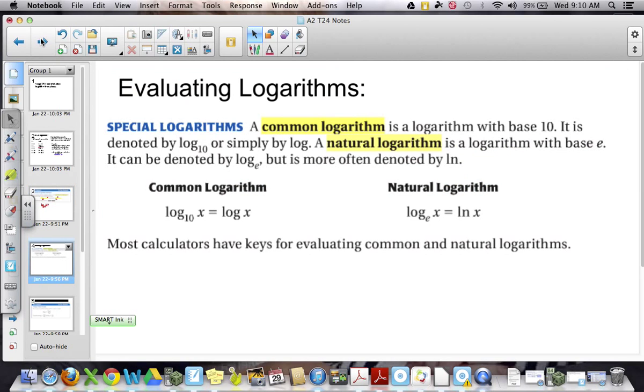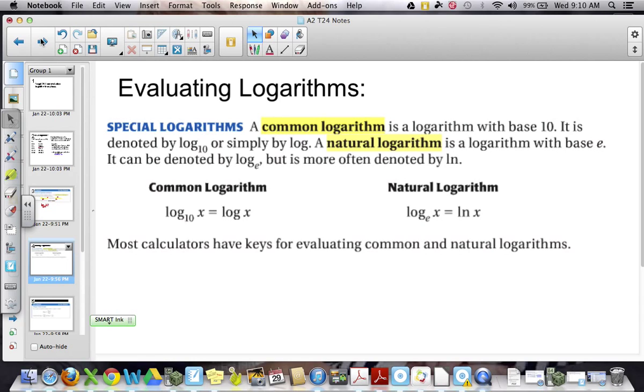All right, evaluating logarithms, there are two main types of logarithms that are really easy to evaluate, because we can do it using the calculator. Why are these two logarithms on our calculator and none of the other ones? These two are called the common logarithm and the natural logarithm. A common logarithm is a logarithm with base 10.